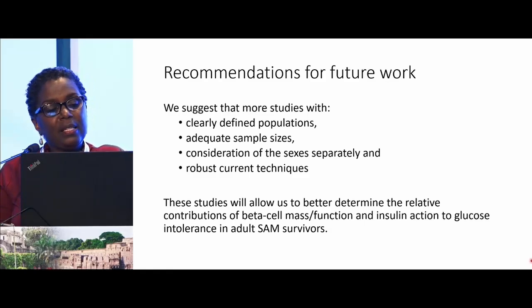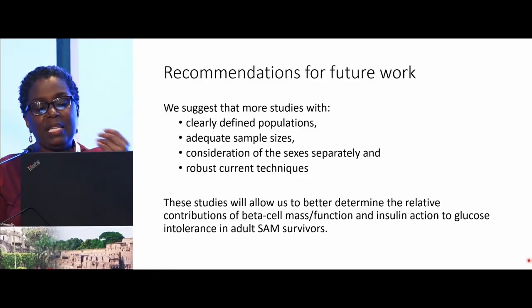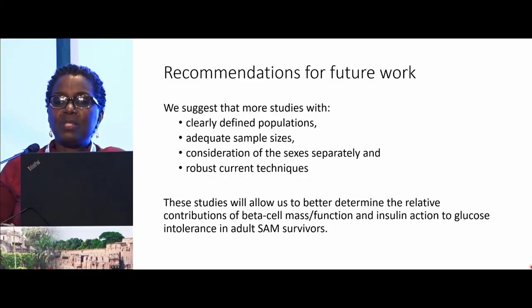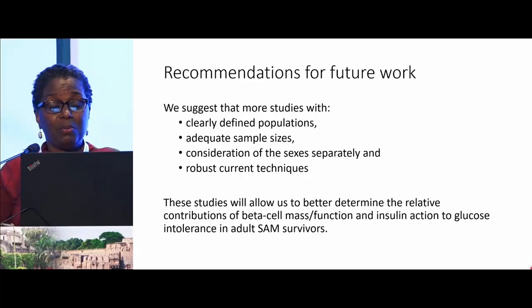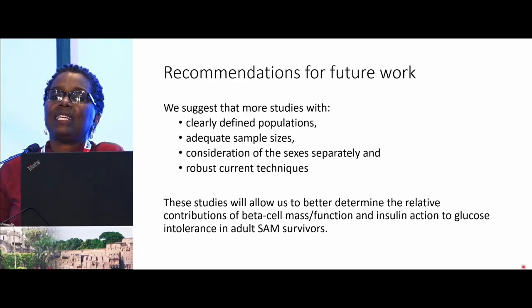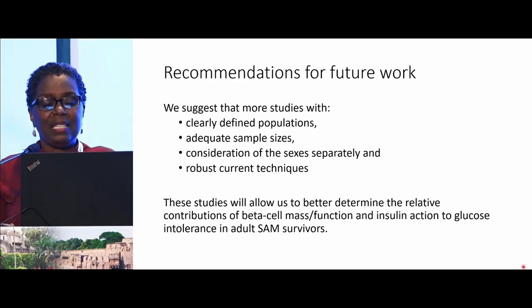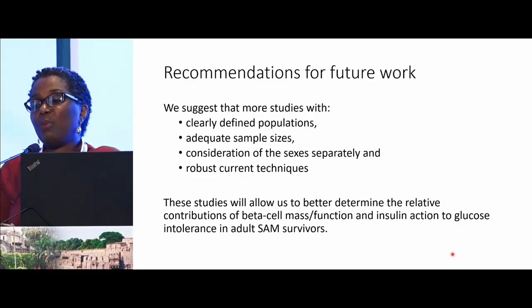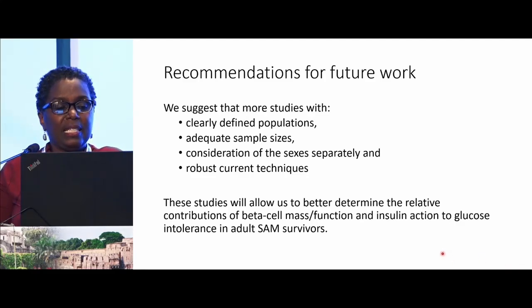So in closing, we would like to make a few recommendations for future work. We suggest more studies with clearly defined populations, which include marasmus versus kwashiorkor, or severe wasting versus edematous malnutrition, adequate sample sizes, and considering the sexes separately, because we have come to realize that adjusting for sex and disaggregating data by sex can produce completely different results, and also combining them with robust current techniques.